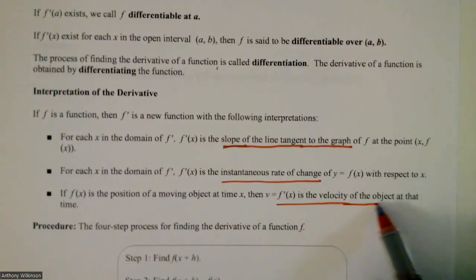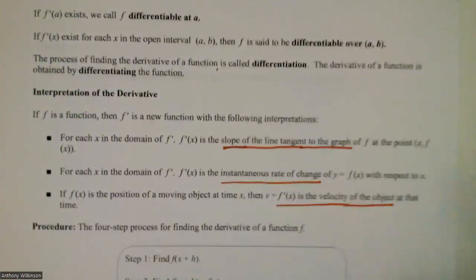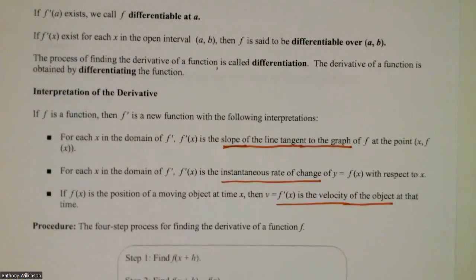That's the velocity of an object at that time. Okay. So there are 3 different interpretations of the derivative here. One would be the slope of the tangent line at that point. Also, instantaneous rate of change with respect to x. Also, the velocity of an object, if the function is a position of a moving object.